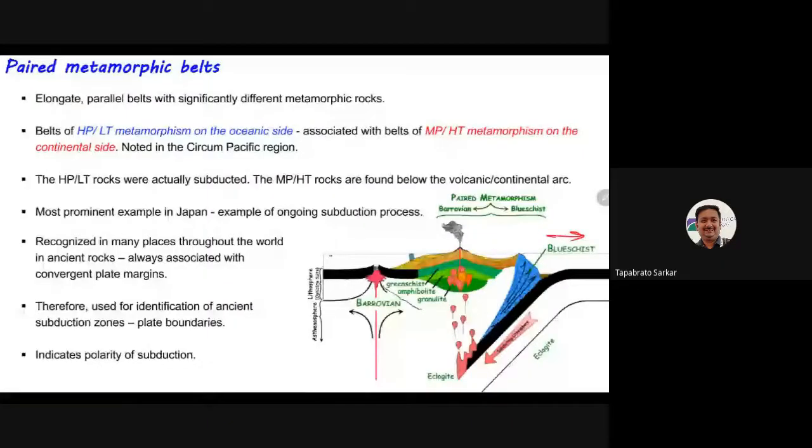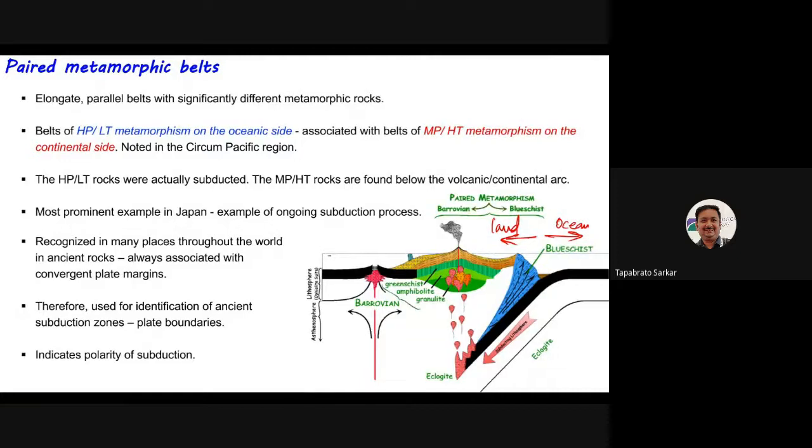So this is the ocean, towards the oceanic side, and towards the land, which is the arc, we have the rock which is medium pressure, high temperature metamorphism.